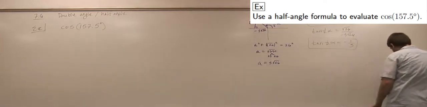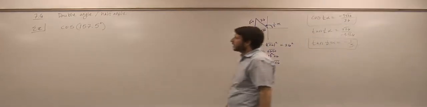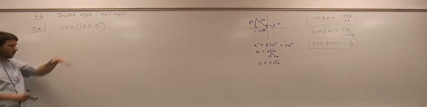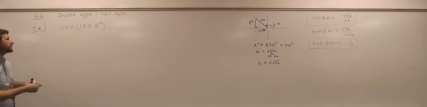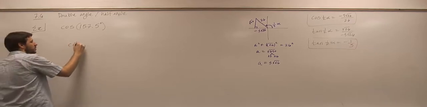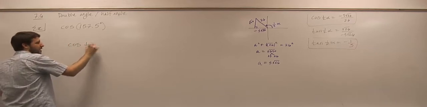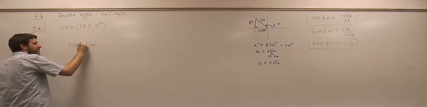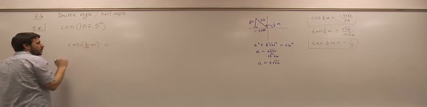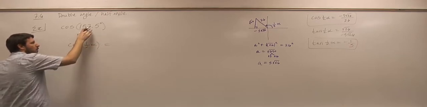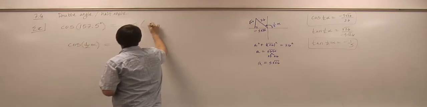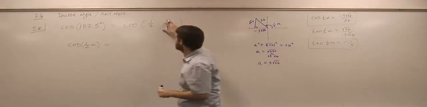So what do you think? Double the angle. So if you want to use a half-angle formula, right, that's what it says, then we want to write this as cosine of 1/2 of something. If we can recognize this as 1/2 of something else, then we can apply our formula. So the first thing to do is rewrite this as cosine of 1/2 times some angle.